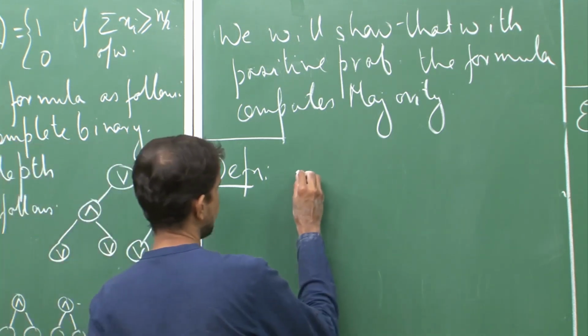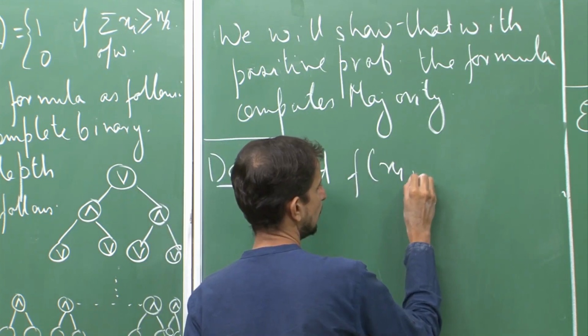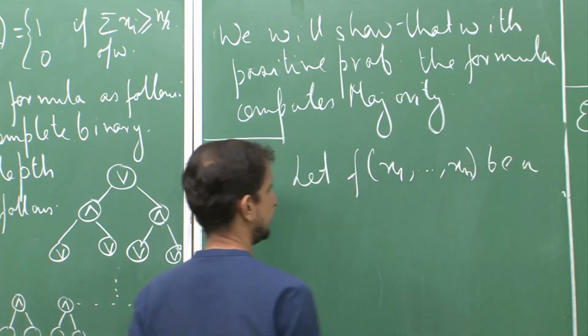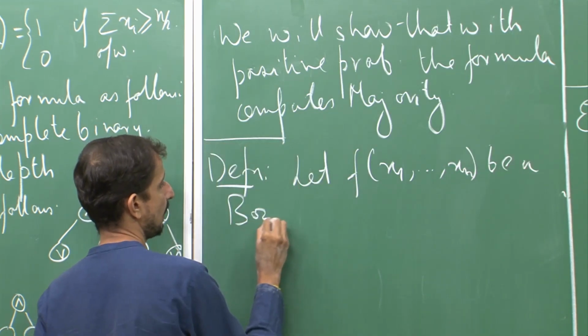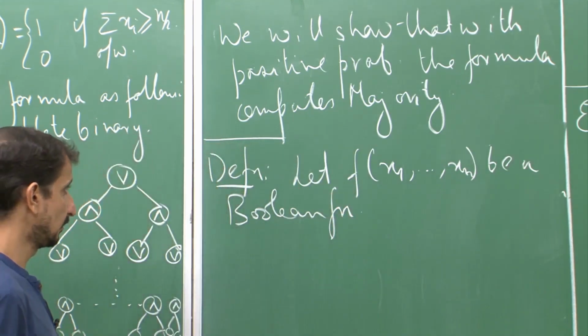So, let f of x1 to xn be a Boolean function. Okay.